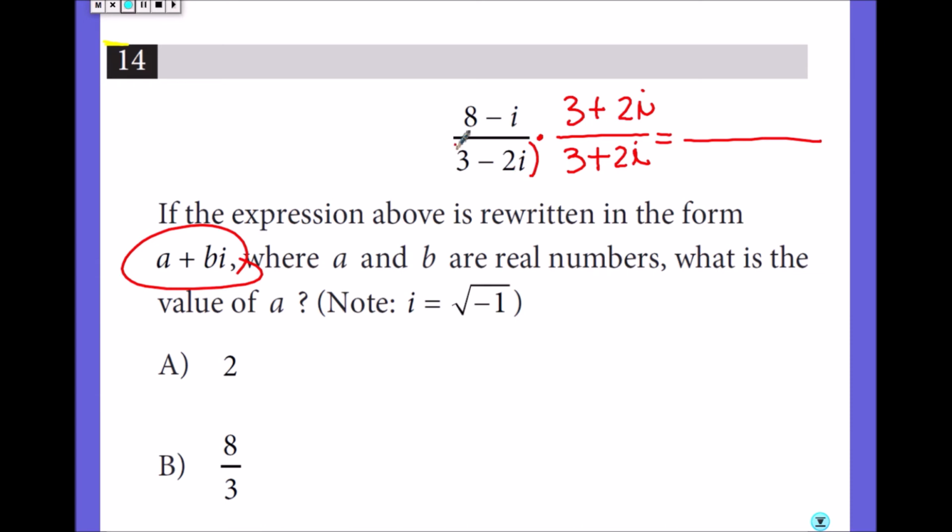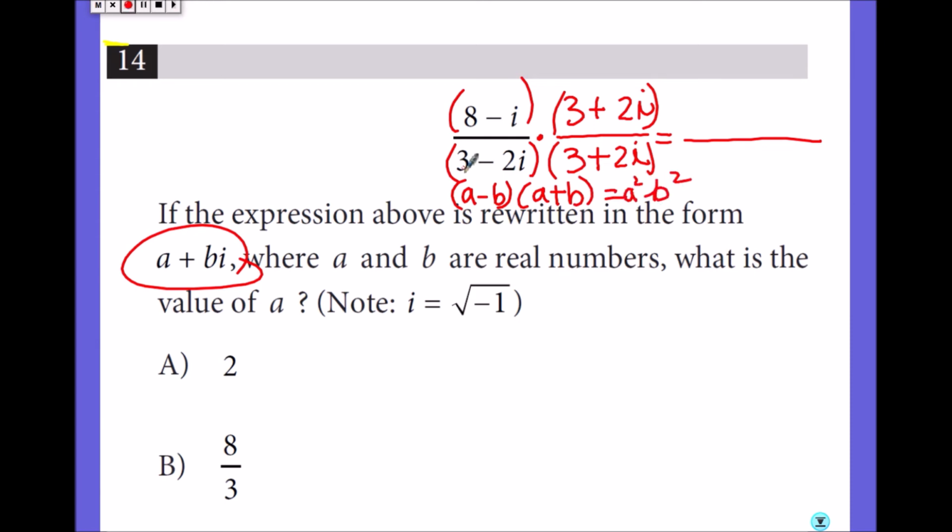So now you FOIL it. The reason why we do this is to get rid of the i on the bottom. How can we get rid of this i? This becomes a minus b times a plus b, which becomes a squared minus b squared.